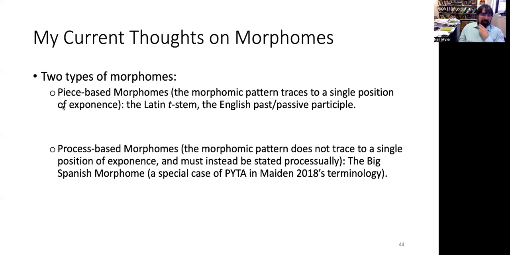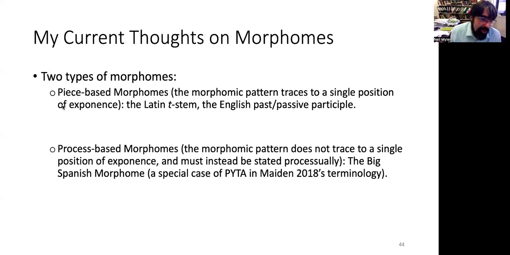So the piece-based morphomes are those cases where the morphomic pattern traces to a single position of exponents. So these are cases like the Latin T stem, the English past and passive participles, right? Those are piece-based morphomes. You can nail them down to a particular position that you can imagine sitting somewhere in a syntactic tree, right?